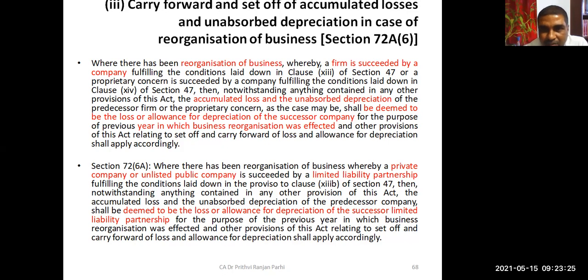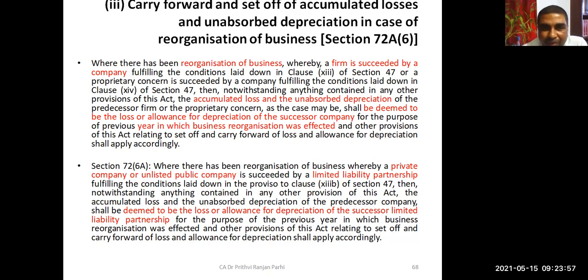Did you understand? And you have to keep in mind one more thing. If the reorganization relates to a situation where a private company or unlisted company is succeeded by a limited liability partnership, then the unabsorbed depreciation and accumulated loss shall be deemed to be the loss or allowance of depreciation of the successor limited liability partnership.